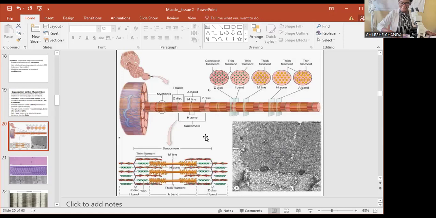They are made up of proteins known as myosin and actin.